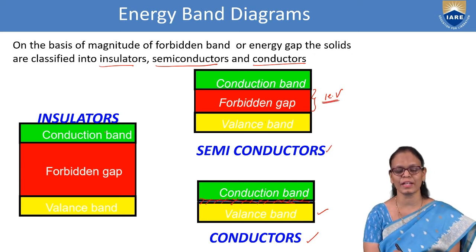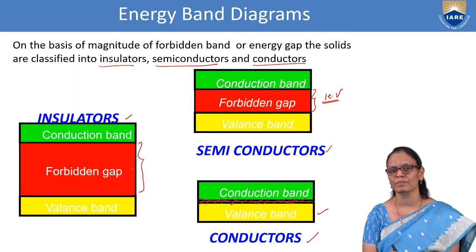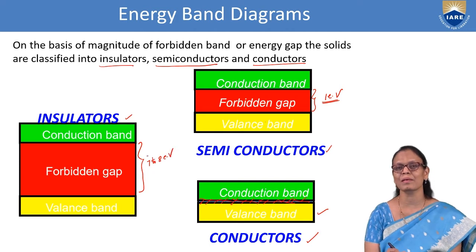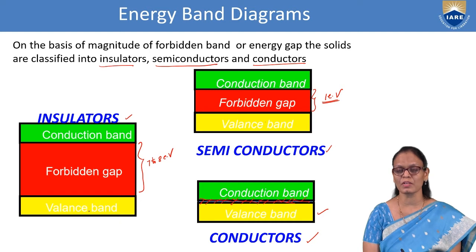Then we have the insulators. In insulators, the forbidden gap is huge, of the order of 7 to 8 electron volt, depending upon the insulator we are talking about. This is the valence band and this is the conduction band, and the gap between them is big.